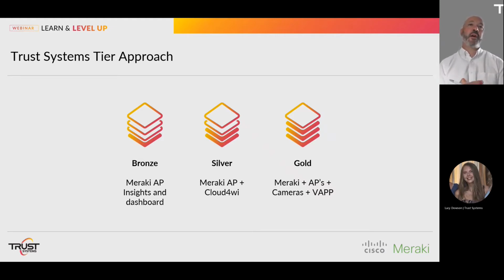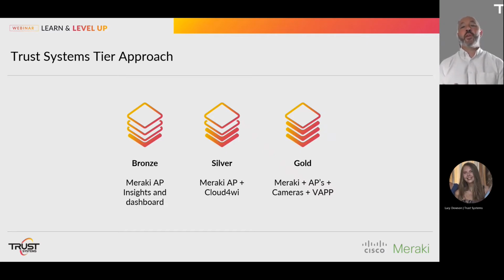Bronze is very much looking at the Meraki access points, MRs, and looking at the insight and dashboard that's available through the Meraki portal. Silver is taking bronze on to a next level, but looking at sort of a cloud for customer guest access Wi-Fi splash page that can look to engage and provide further insight for your customer behavior.